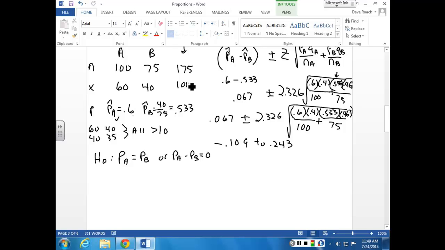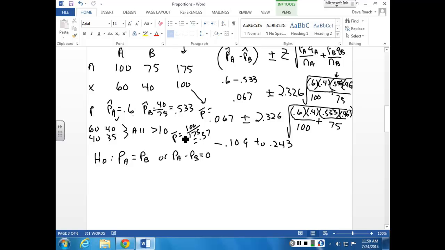So our p-bar is going to equal 100 divided by, I'm sorry, 175. And I'm going to round that to 0.57. You could round to 0.571 if you want. But that's p-bar, the pooled proportion.